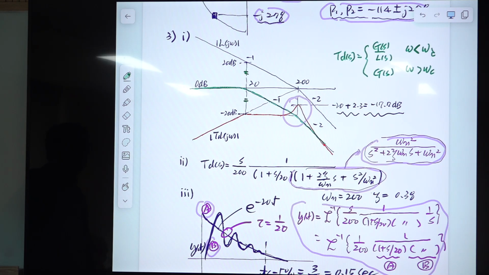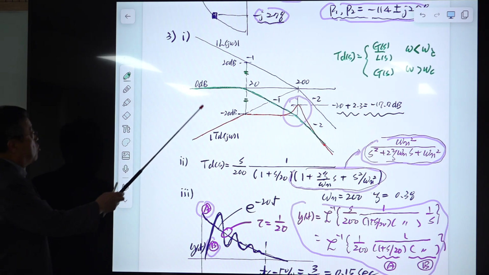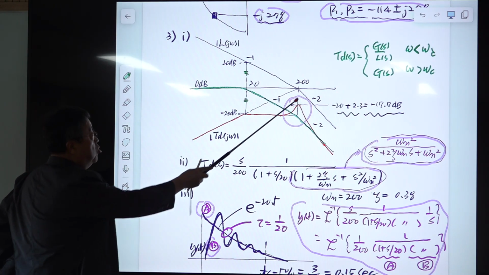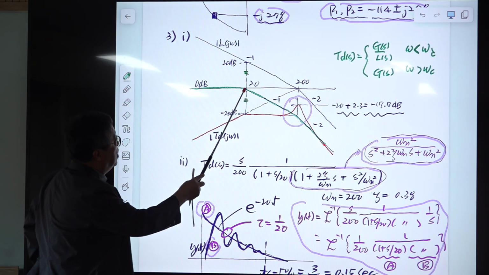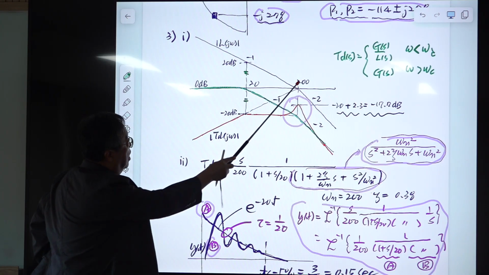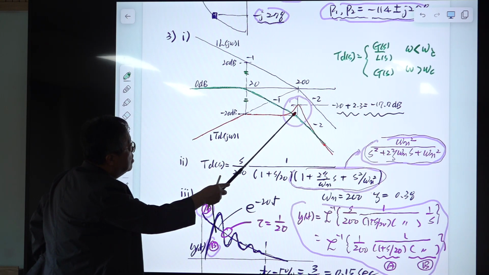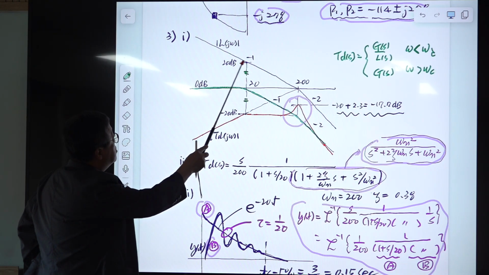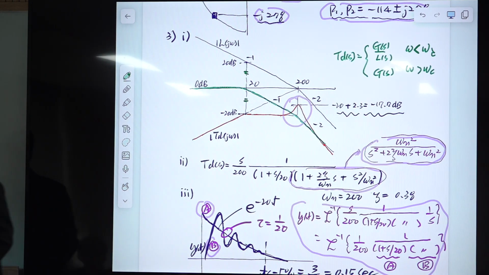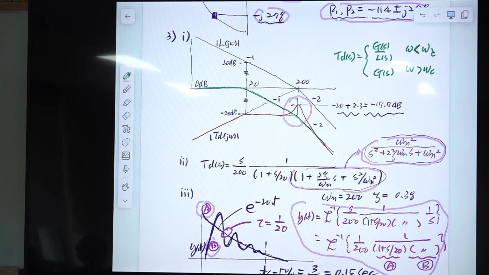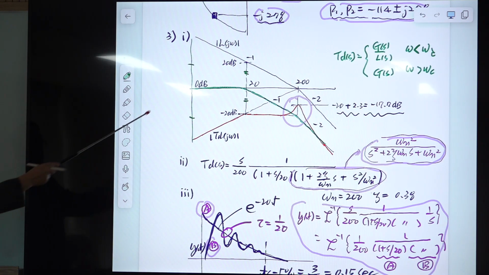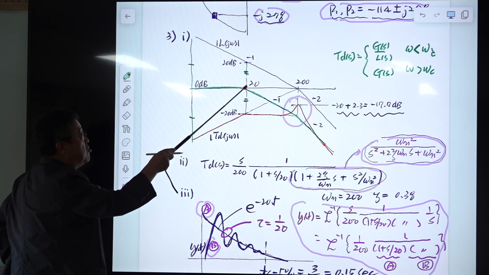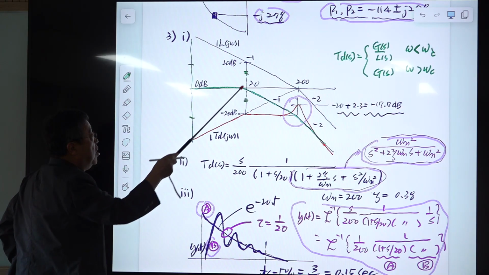Okay, let's do the subtraction here. So this is open loop. In open loop GS, it starts from 0 dB, and it goes like this. And up to this point, it is subtraction. So this is subtract this much. Okay, and at this point, this was 0 dB, subtract by 20 dB.